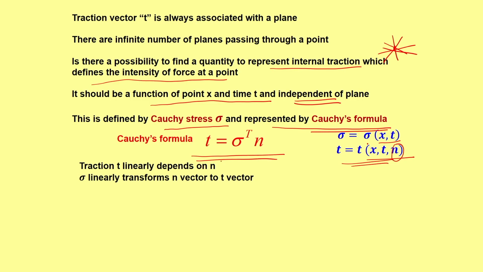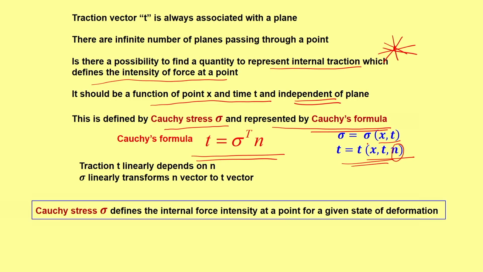Cauchy's stress sigma defines the internal force intensity at a point for a given state of deformation. Please keep this in mind, it is for a given state of deformation, that is why the time factor becomes important. According to Cauchy's formula, sigma defines the internal force intensity, which traction also did, and at the same time it is independent of the plane.